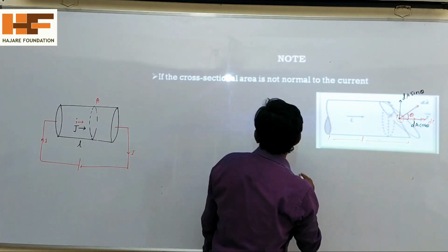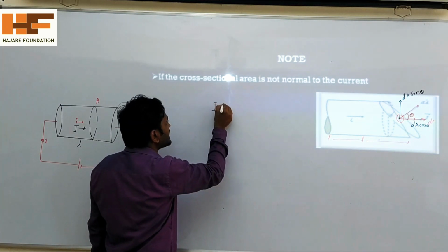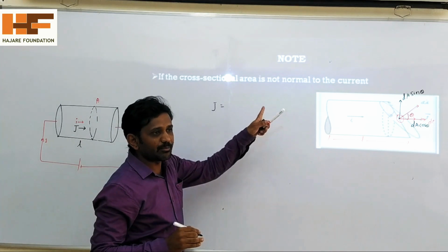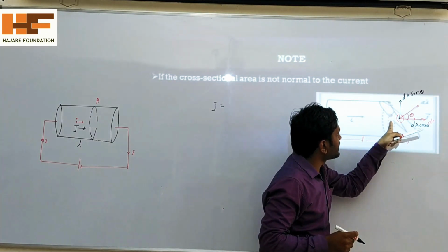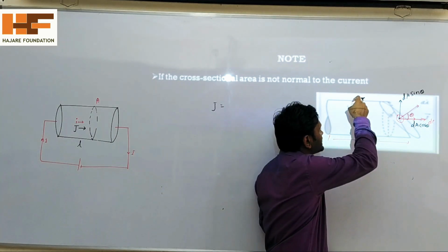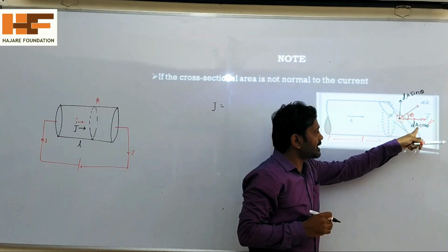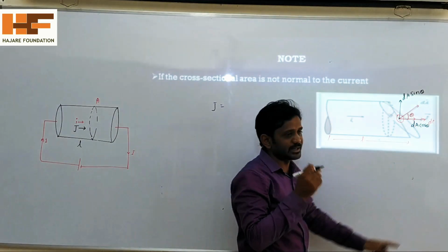Then current density we have to represent as J is equal to current per unit area. What is the current here? That is dI. Then the area perpendicular to this current is the component dA cos theta.